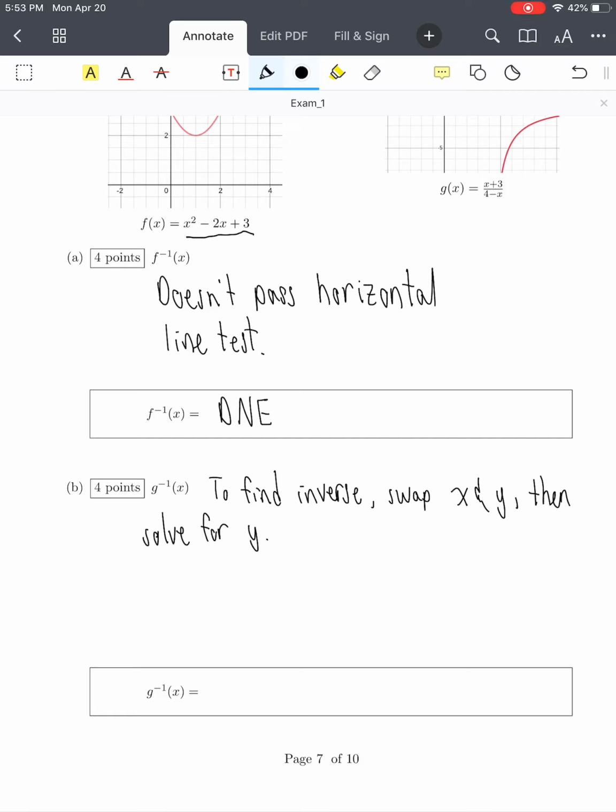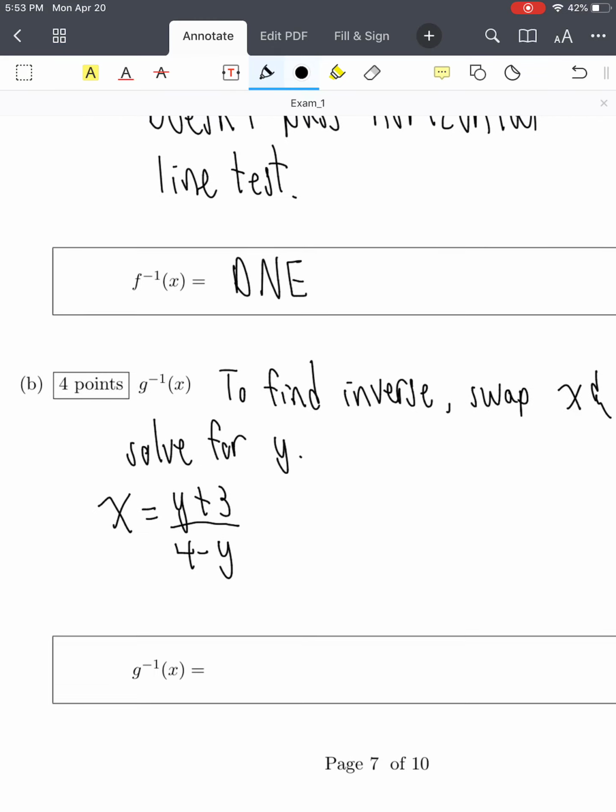So instead of g of x, we're going to write y equals x plus 3 over 4 minus x. So when we swap it, we're going to say x equals y plus 3 over 4 minus y. Okay, and now I'm going to solve for y again.